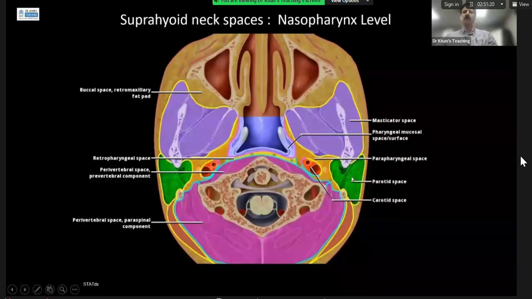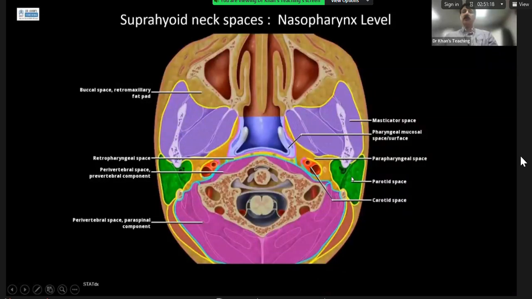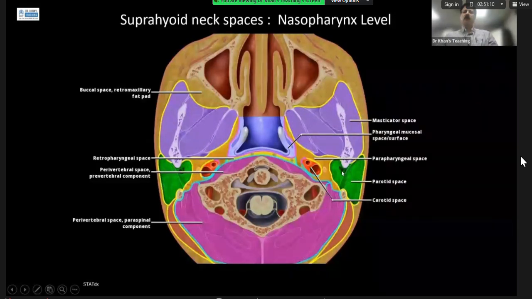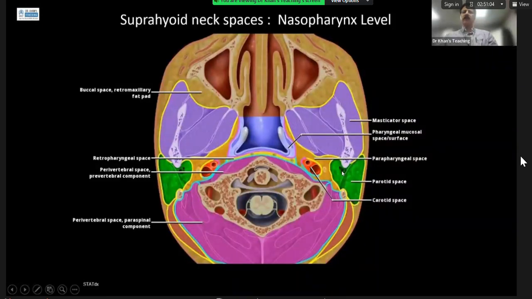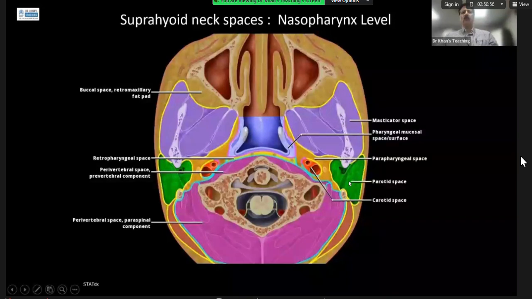And here it divides into its terminal branches. And what can happen is that if there is a tumor sitting in the parotid space, it can, we use the word perineural extension of tumor. And it happens in head and neck, that the tumor from here extends into the temporal bone through the facial nerve. So we will learn that. How does that happen?